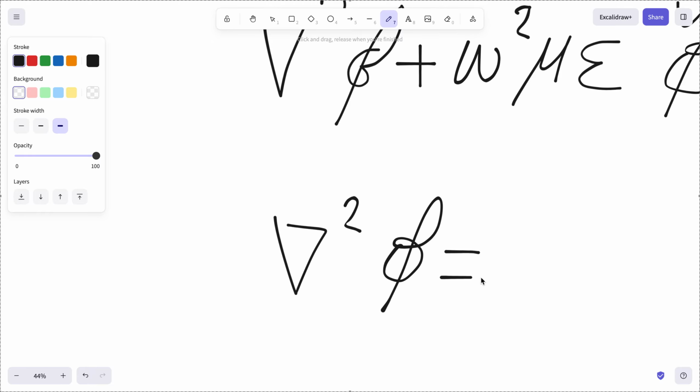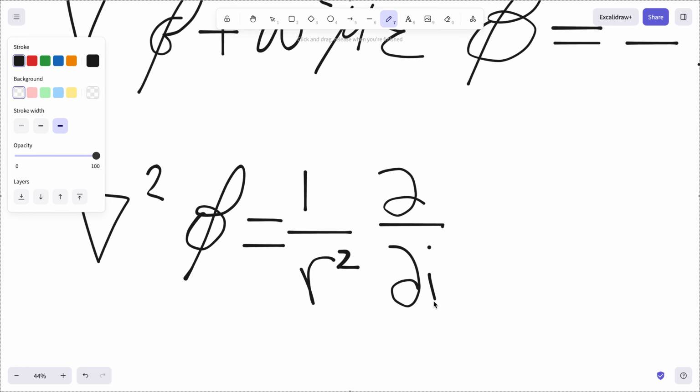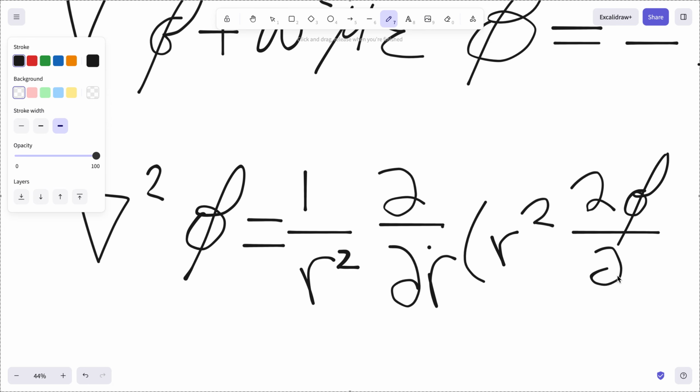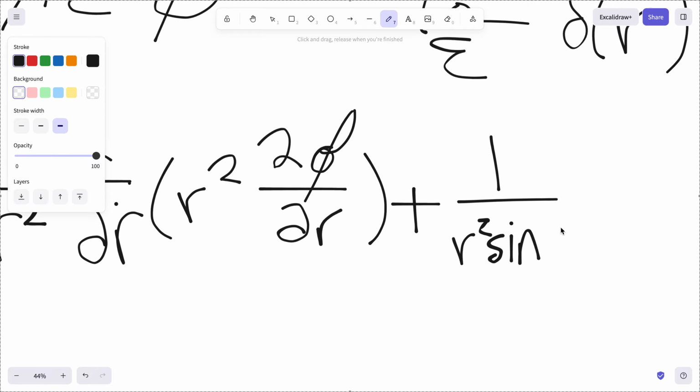The Laplacian in spherical coordinates is written as this expression: 1 over r squared partial over partial r of r squared partial phi over partial r, plus 1 over r squared sine theta partial theta.